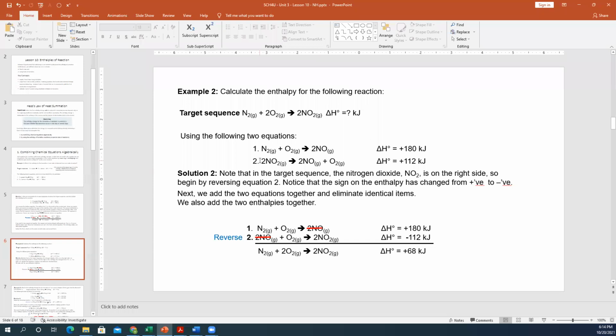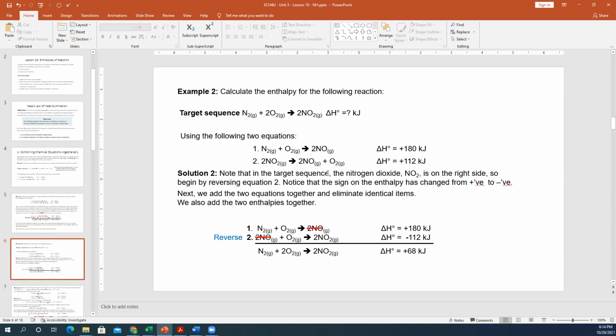So essentially you're choosing equations that have the components that you're looking for, the reactants that you're looking for, and the product, and then something in between that might cancel out in another equation.